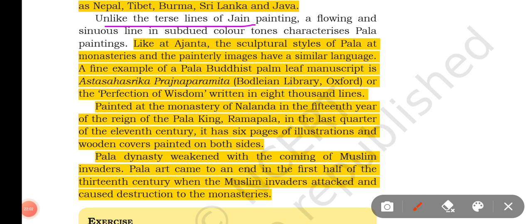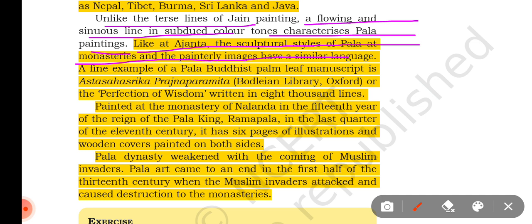Unlike the tense line of Jain painting, a flowing and sinuous line in subdued color tone characterizes Pala painting. Like at Ajanta, the sculptural style of Pala monasteries and the painterly image have a similar language.